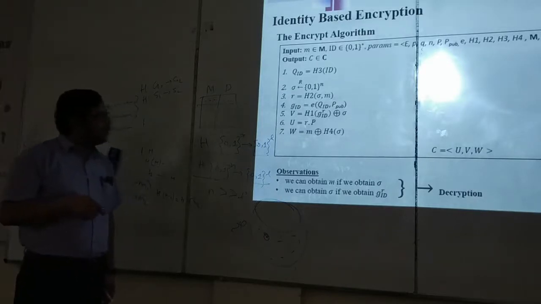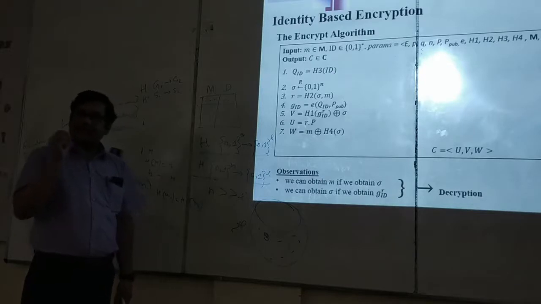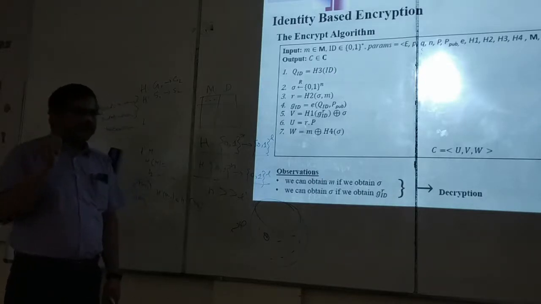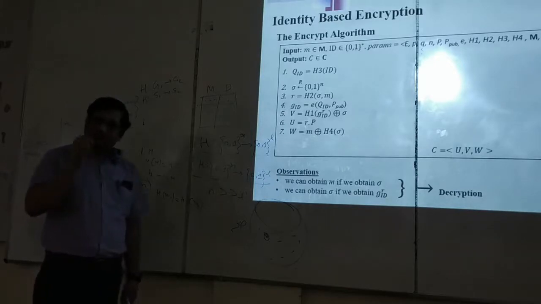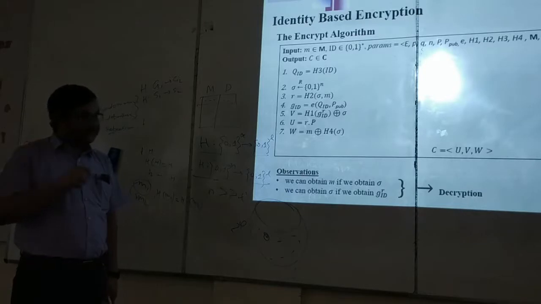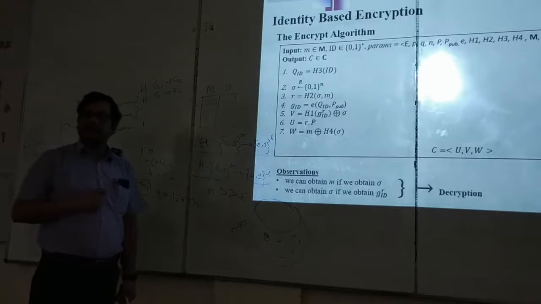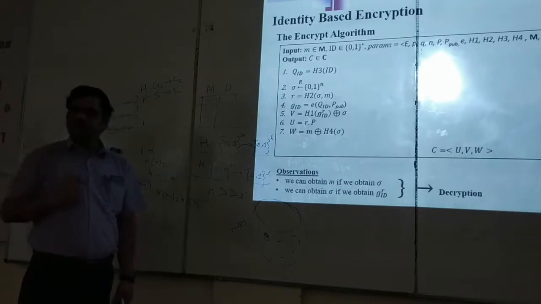First see how we were generating U, R dot P. R is an integer between 1 and q minus 1. P is the generator point. So when you do R dot P, this is a point multiplication. It is supposed to generate a point, and since R is between 1 and Q, as we have already seen, it should generate a point on that elliptic curve only, because the order of the elliptic curve is Q. P is the generator.